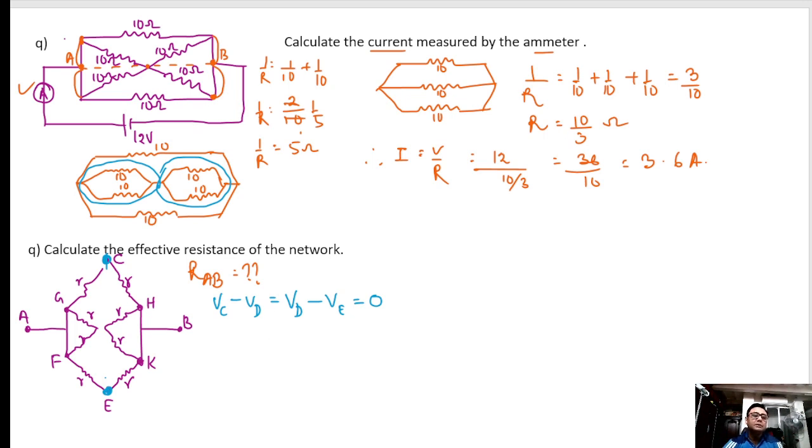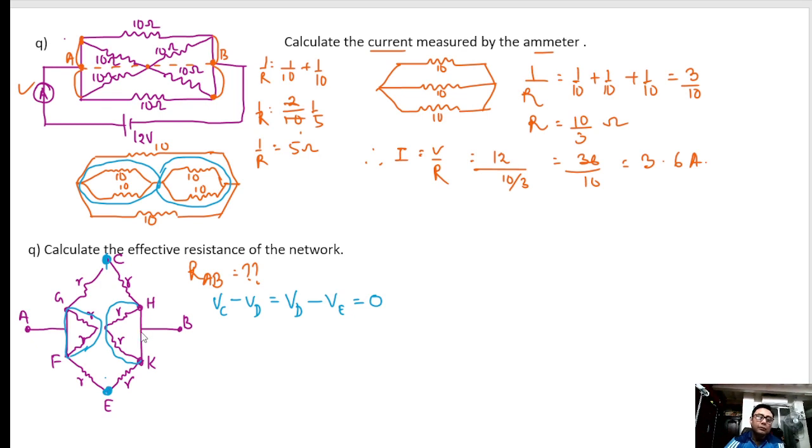That means, watch here, this part is in series. This part basically is in series. This part is also in series. Okay, this is in series because there is no use of connecting them.